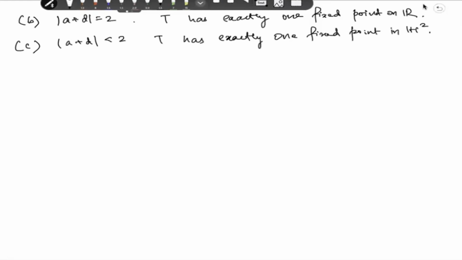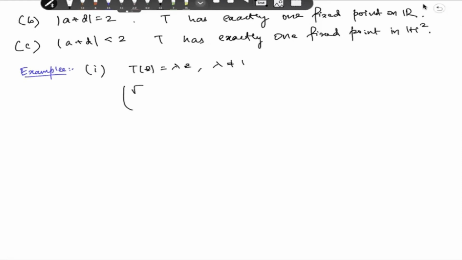Okay, now let us work with some examples. For example, if I take Tz to be equal to lambda z, where lambda is not equal to 1, or you can take lambda to be greater than 1.